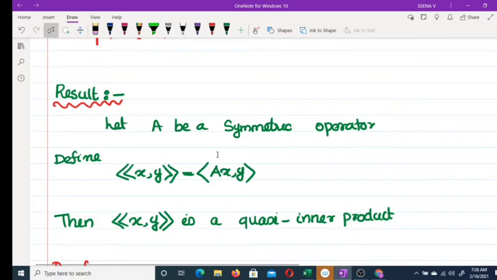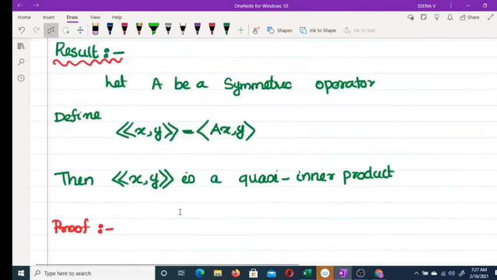So what about the first property of inner product? A quasi inner product satisfies all the properties of inner product except inner product xx equal to 0 implies x equal to 0. So first we have to prove quasi inner product xy greater than 0.